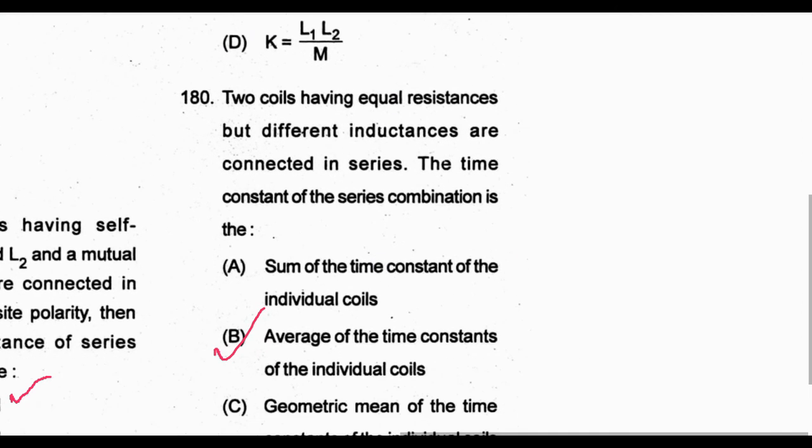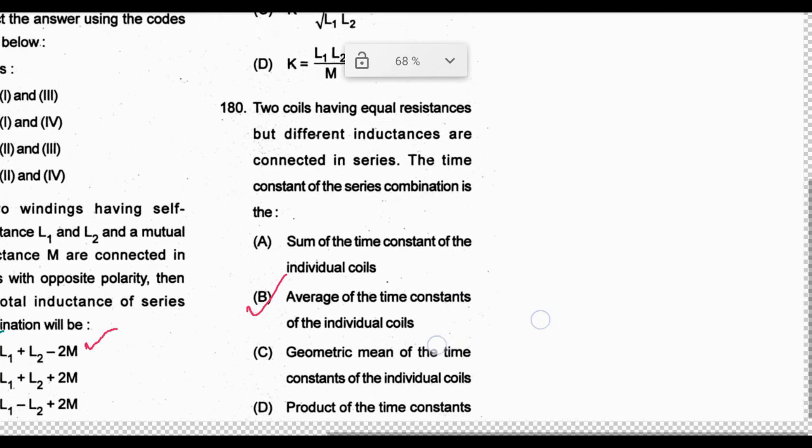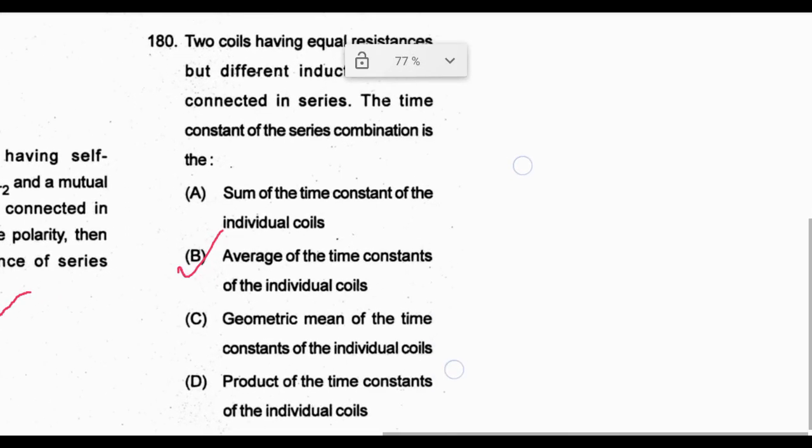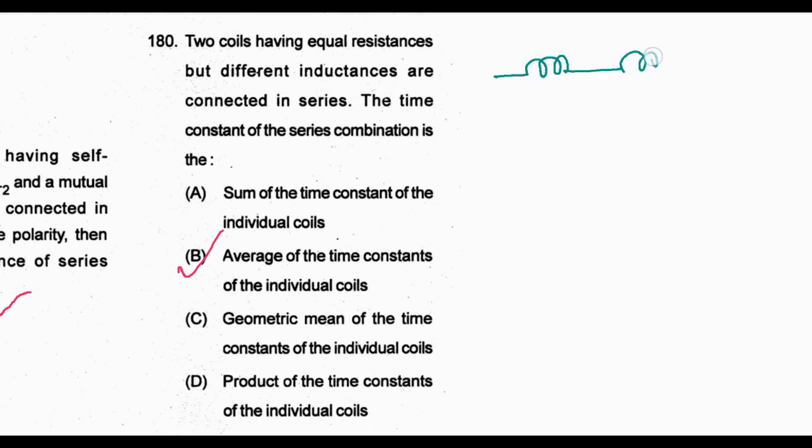Last question of this paper 1 is question number 180. Two coils having equal resistances but different inductances are connected in series. The time constant of the series combination is, suppose this one is one coil and this one is another coil, and two coils having equal resistances.